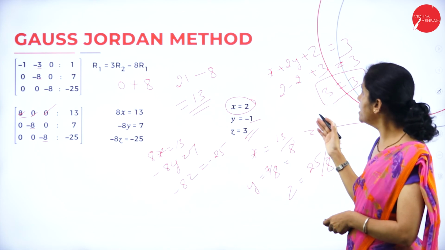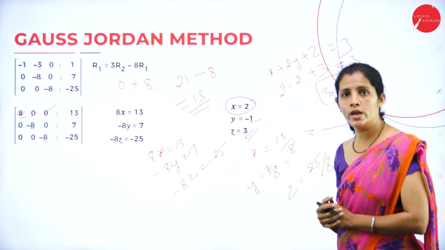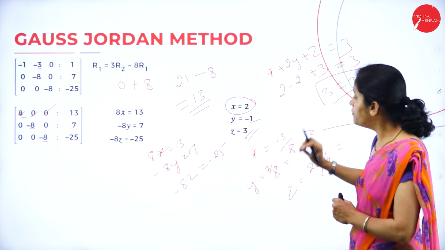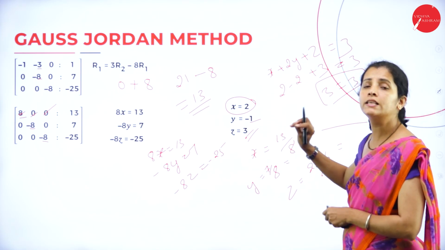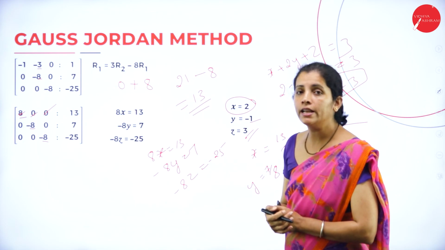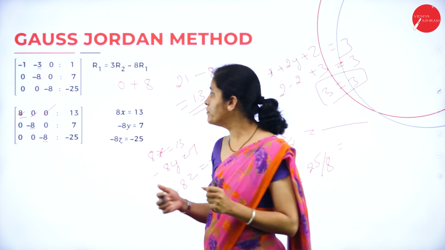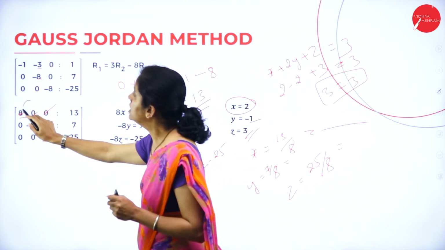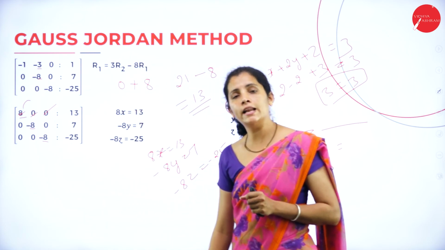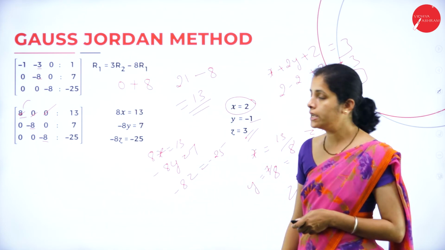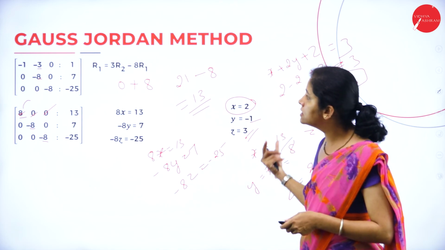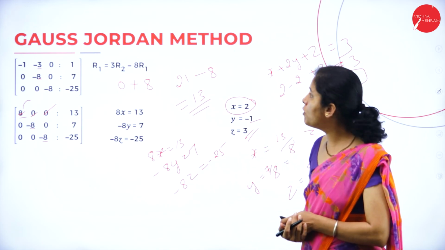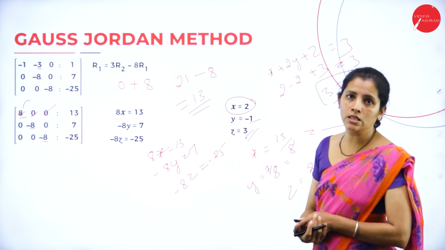So this is the way I can cross verify. And if we get fractional values, then it is treated as error. So dear student, if we make any modification in the given linear equation, then it leads to error in the final solution. So dear student, these are some examples of the Gauss-Jordan method.